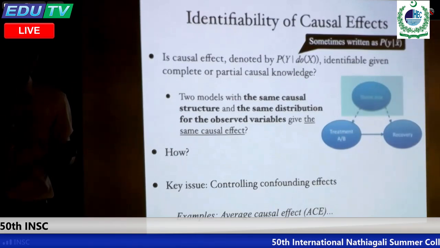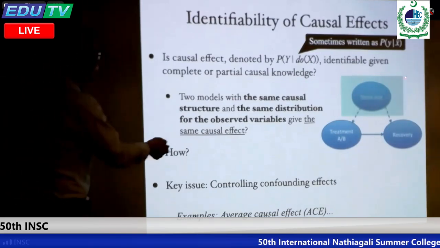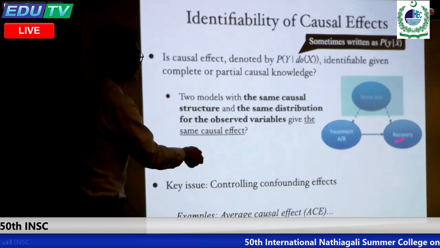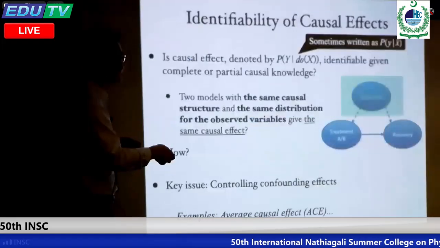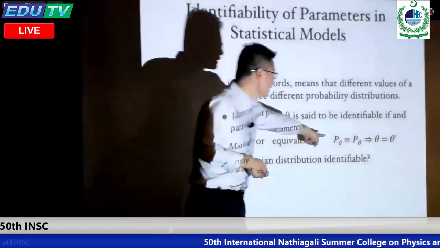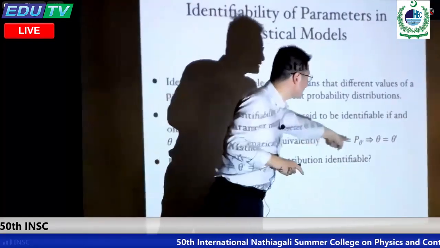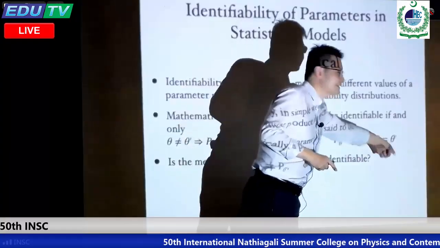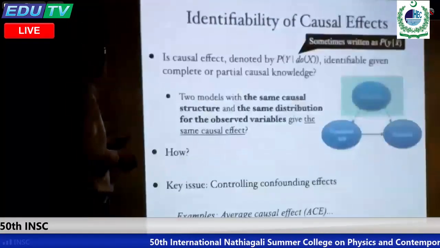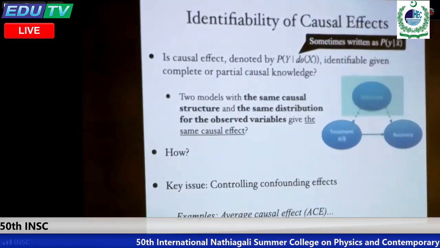It's the same thing. I try to see if the structure and the distribution of the observed variables are the same, whether the causal effect is the same, right? If that's the case, we say it's identifiable.